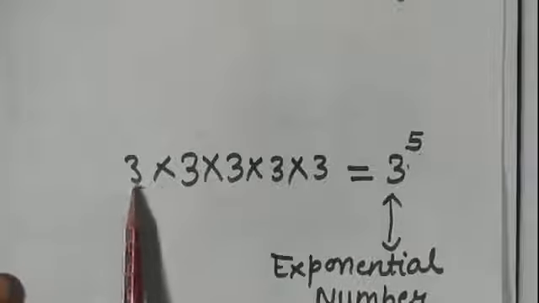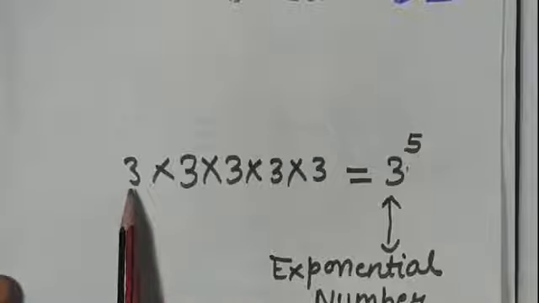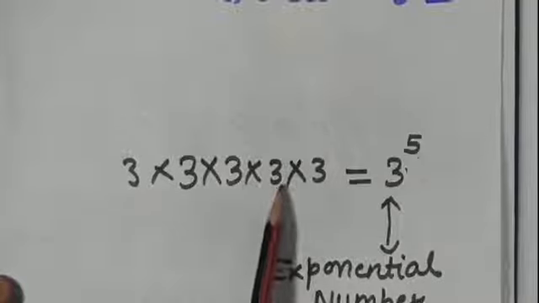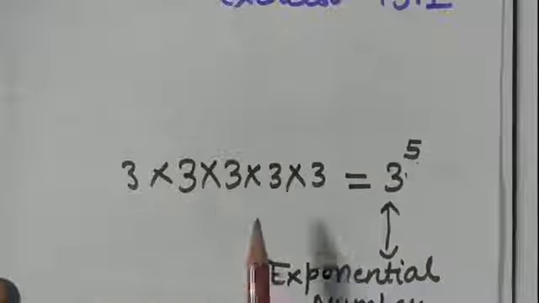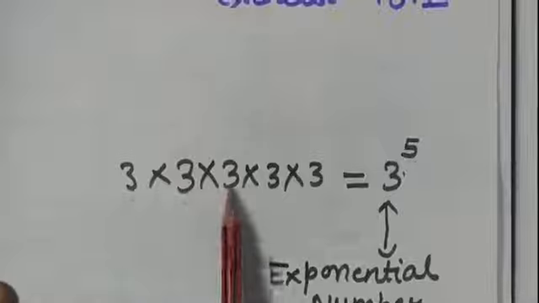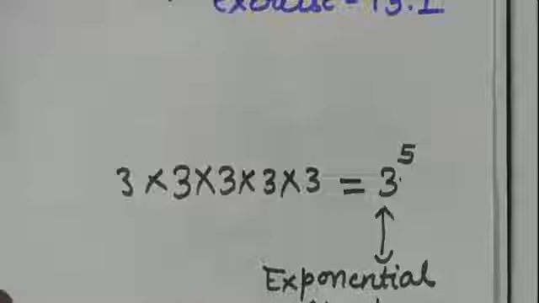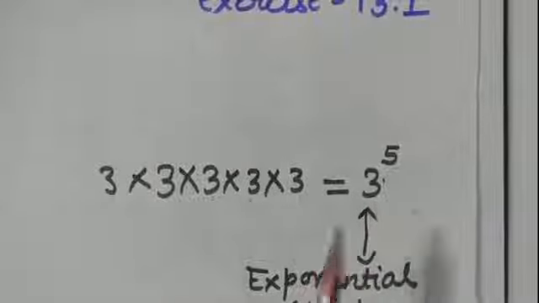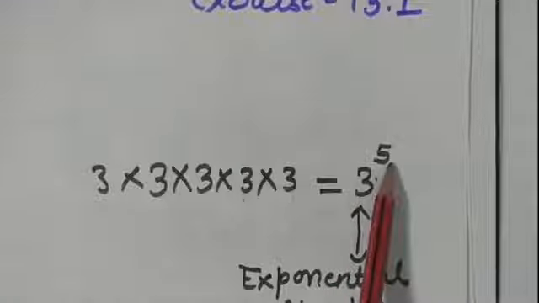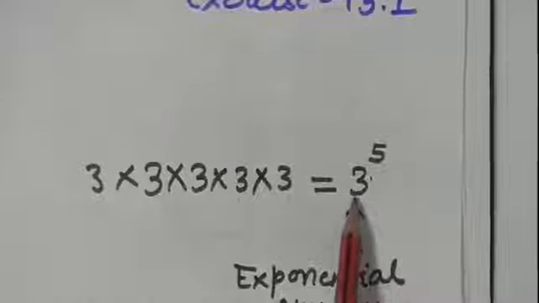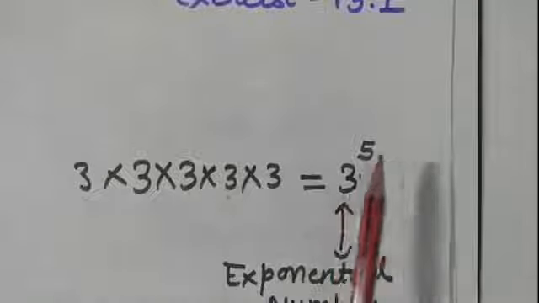Suppose here I am taking 3 and I am taking the repeated multiplication of the number 3: 3 into 3 into 3 into 3 into 3. How many times is this 3 being multiplied? 1, 2, 3, 4, 5. So this 3 is multiplied 5 times. In short form, this can be written as 3 raised to the power 5, or 3 to the power 5, or 3 to the 5th power.